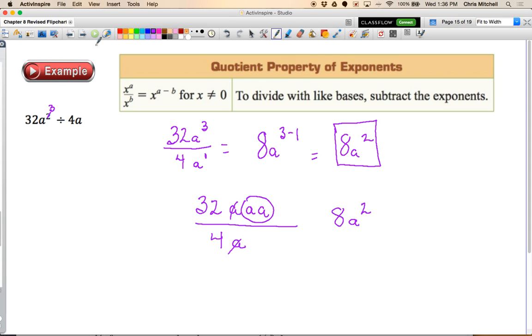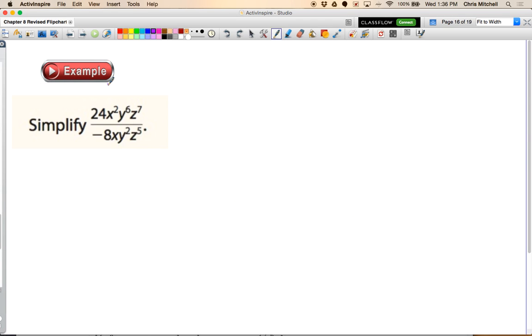Now, let's go to a little bit more complicated problem. What is this, Mr. Mitchell? Yes, this is a serious problem. So, it's okay. We have 24x squared y to the 6th z to the 7th divided by negative 8x y squared z to the 5th.